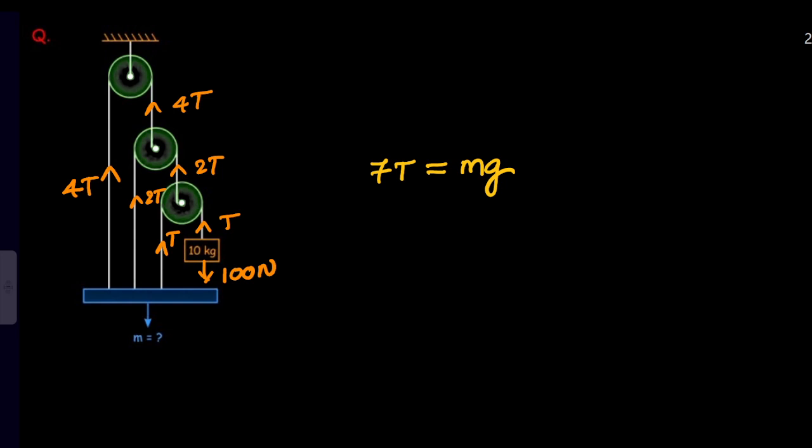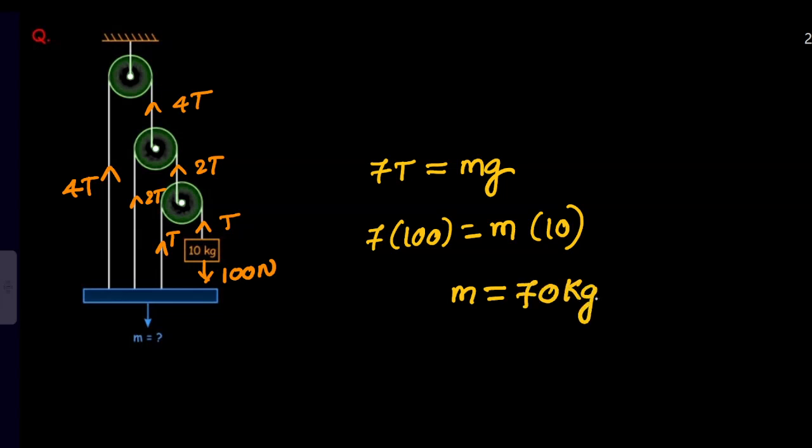So that means 7 into t value 100, which is equal to m into g value 10. So that means m is equal to how much now? 70 kg. T value is 100 newtons.